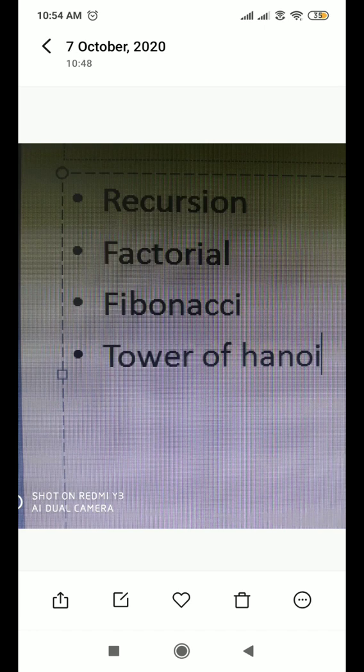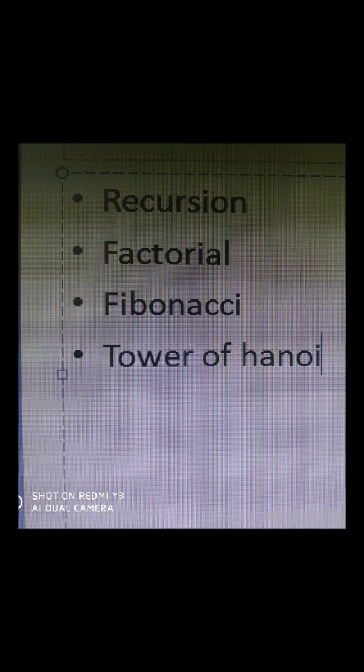The third example is Tower of Hanoi. Suppose I want to move disks from one end to the other. For example, if only a single disk is present on the source A, I want to move it to the destination C, with B as the intermediate. If only one disk is present, I can move it directly from source to destination in one step.